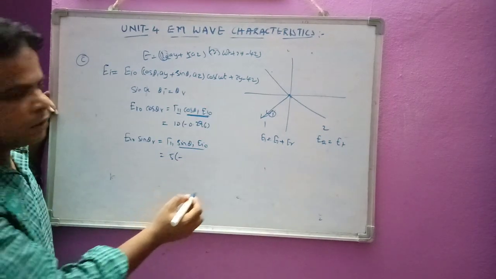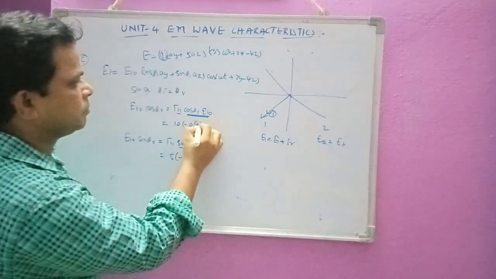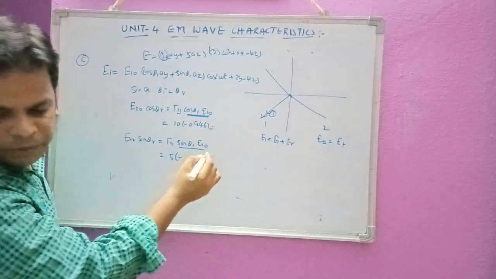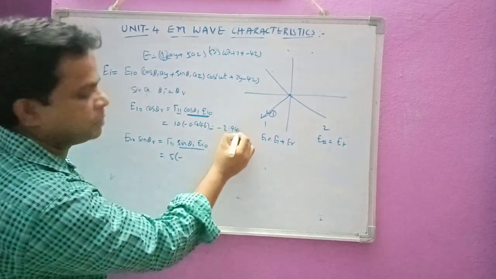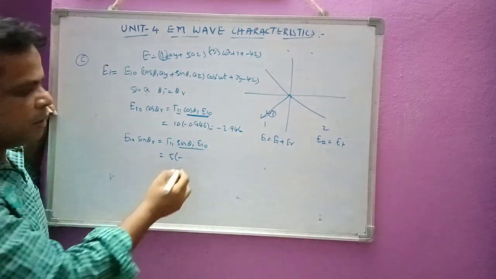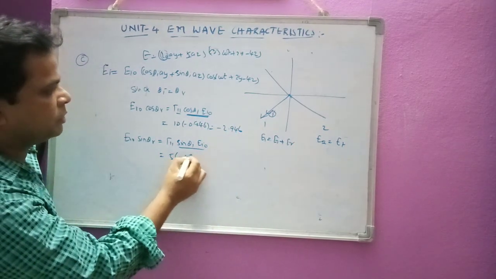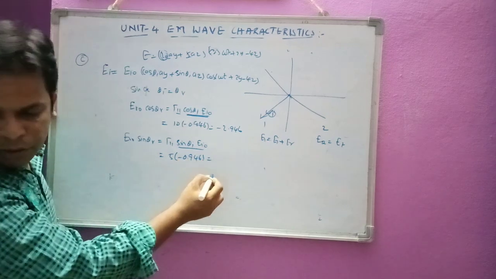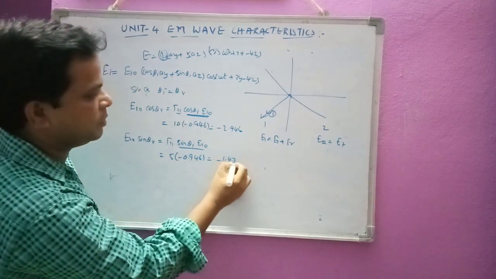This value turns out to be minus 2.4946, and similarly this value, 0.946 times, turns out to be minus 1.473.